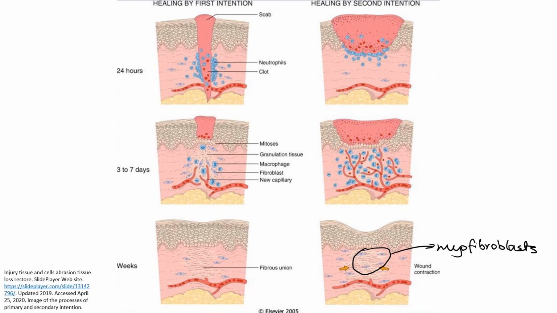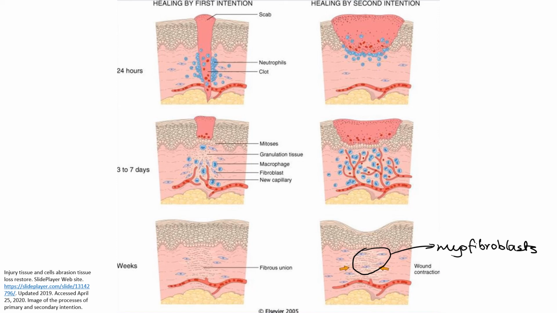And finally, in the weeks scenario, we can see that there is fibrous union, and although the dermal appendages will still be damaged, the epidermis is now fully healed, and there is a proper border being created against the external environment by the skin. In secondary intention, we have a more complex and a slower process occurring.